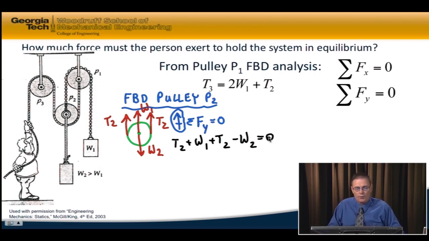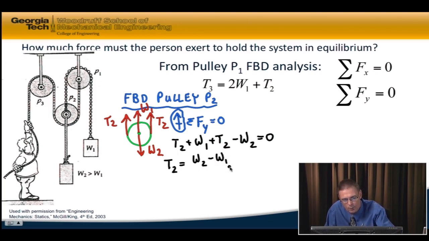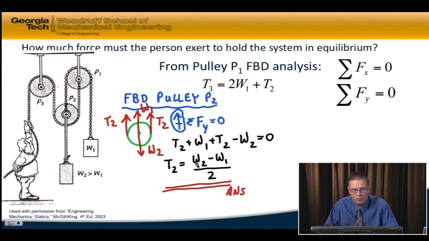If I solve for T2 now, I get T2 equals (W2 minus W1) over 2. And so that's my answer. If I'm given the values for weight 1 and weight 2, I subtract and divide by 2. That's going to give me the force that the person must exert. And you'll notice that I get a bonus in this: I can go up here and put the result for T2 into this equation and find out what T3 is.